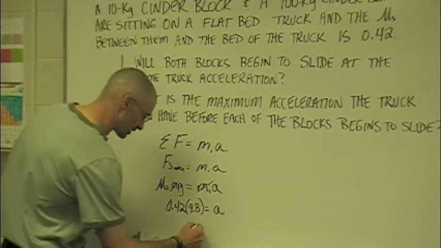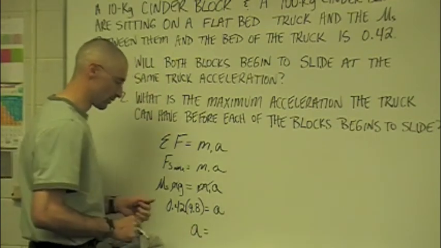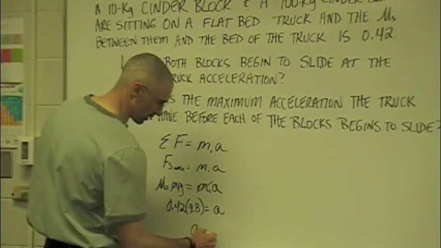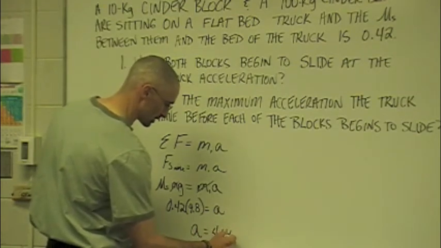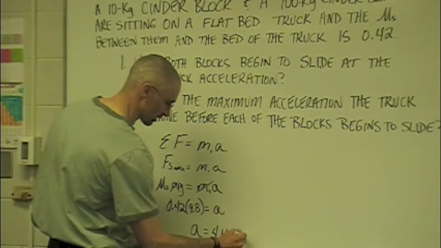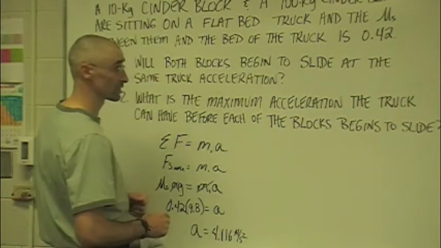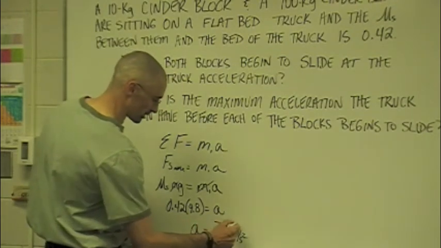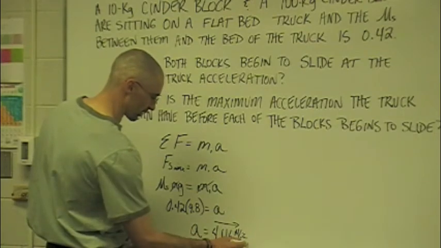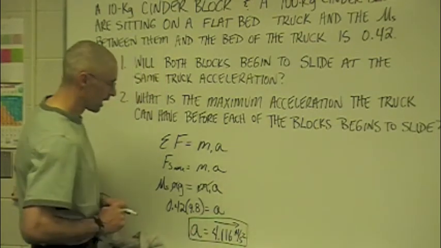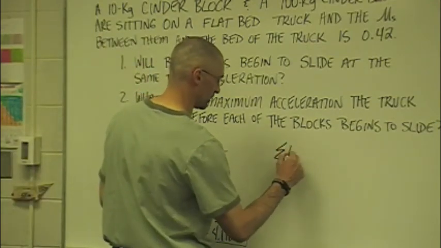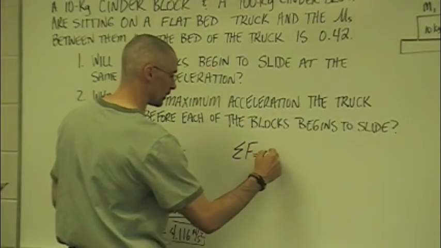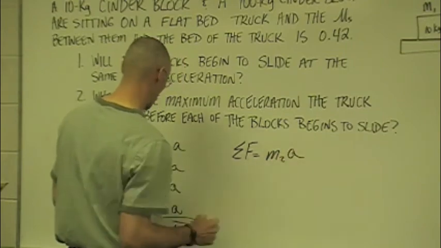So if we multiply that together, we come up with a value of about 4.116 meters per second squared as the truck's acceleration. It's going that direction from the drawing up there. Now, if we move over and look at the 100 kilogram block, I think we're going to see the same sort of thing, but let's work our way through it.